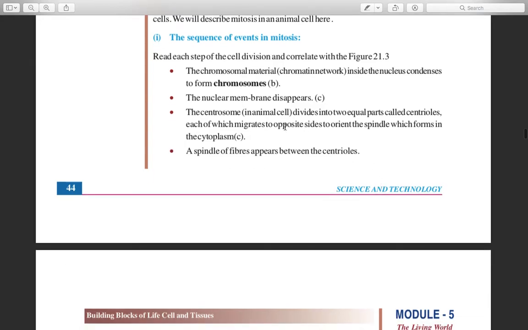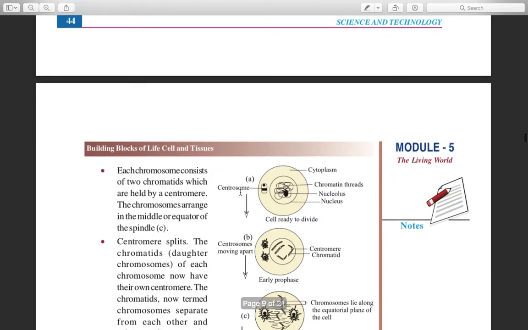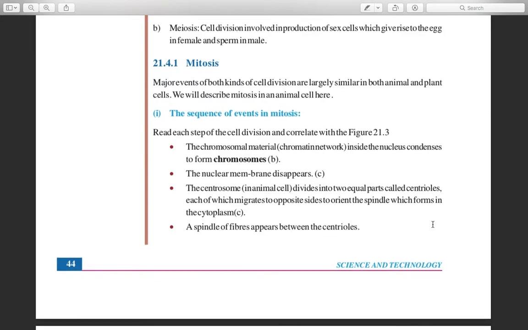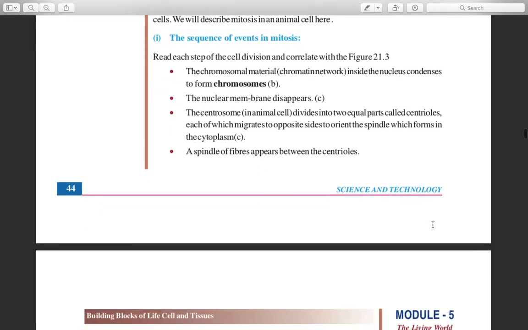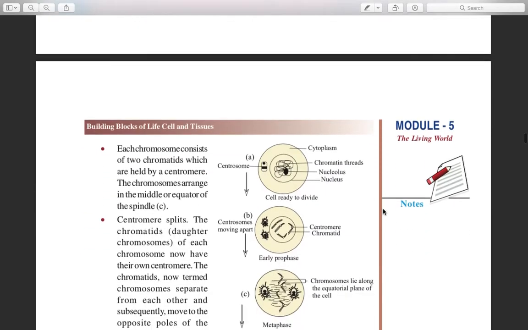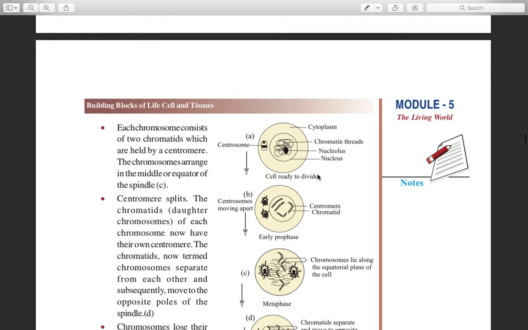Now we are talking about the centrosome, which is present here, and when it divides into two equal parts, that is called centrioles. They migrate to opposite sides to orient the spindle which forms in the cytoplasm. This is the cytoplasm.